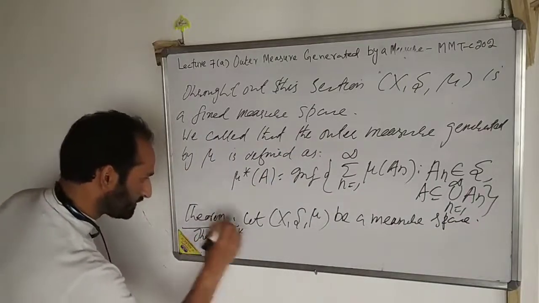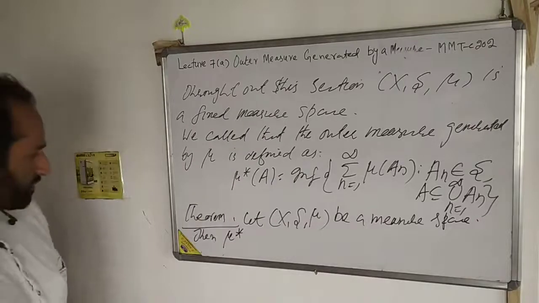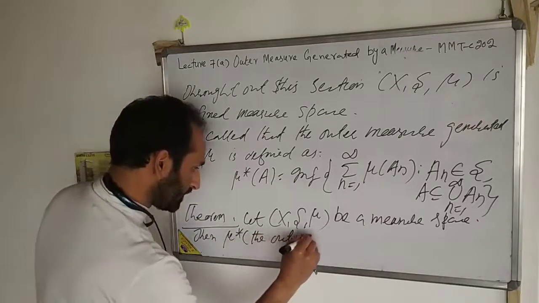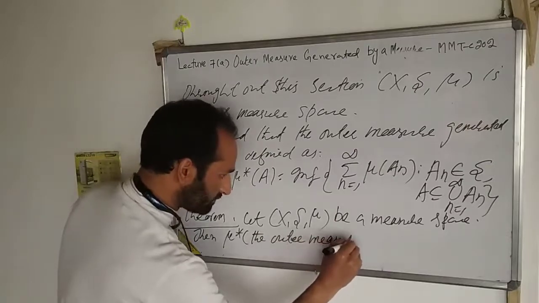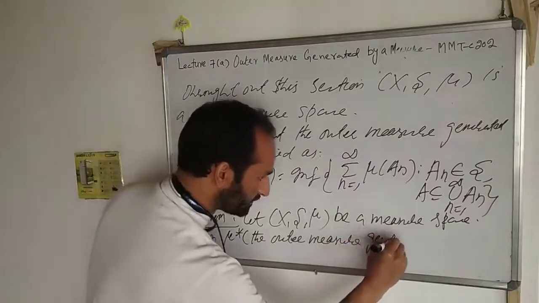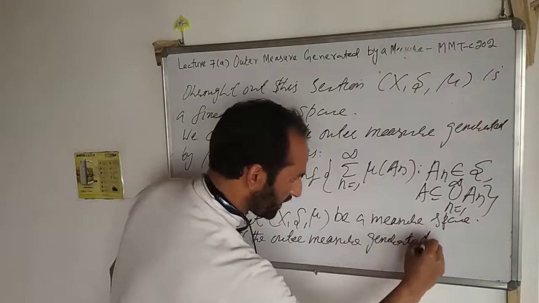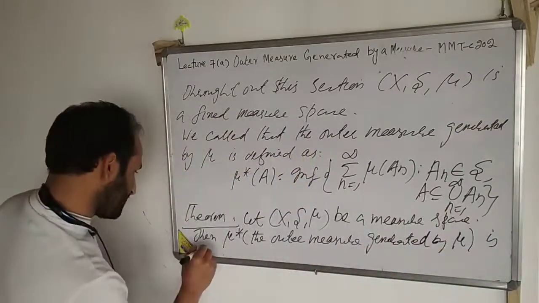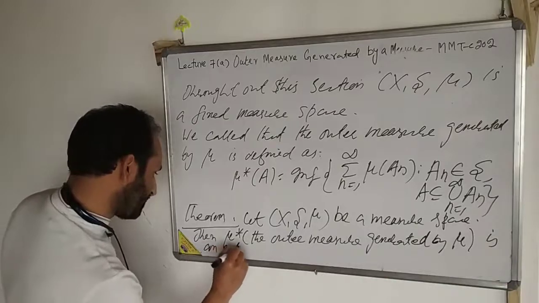mu star, the outer measure generated by mu, is an extension of mu.